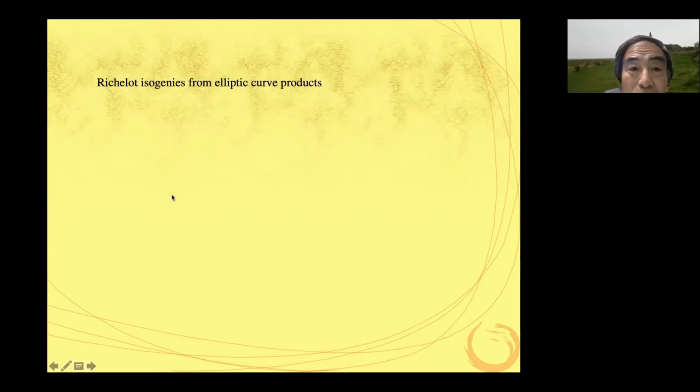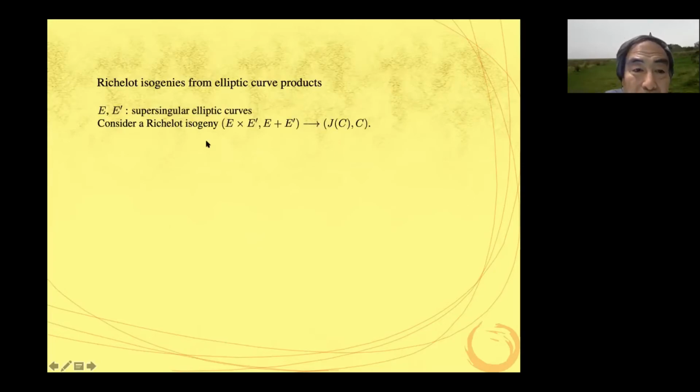Now we go to Richelot isogenies from elliptic curve products. We can use almost the same method, and we consider a Richelot isogeny from here to here. We denote by O(E × E') the group of automorphisms of this which preserve the polarization.